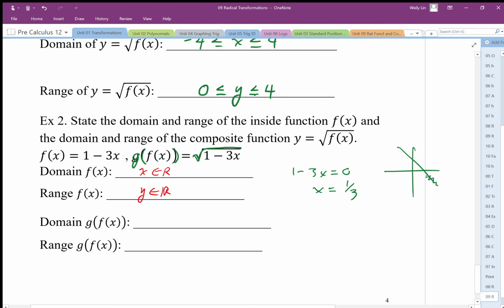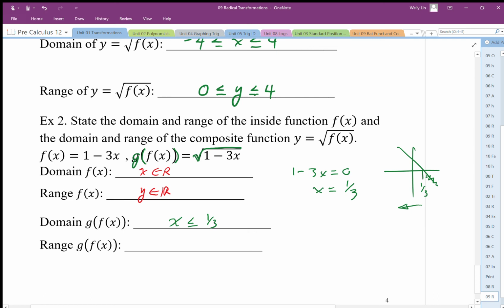Okay, and we can't use that negative output. So our boundary is 1/3. That's going to be 1/3 there. And we want this side. Okay, so then this becomes the domain of our new function, of the embedded function. We want x's that are less than or equal to the 1/3 value, which is our boundary.